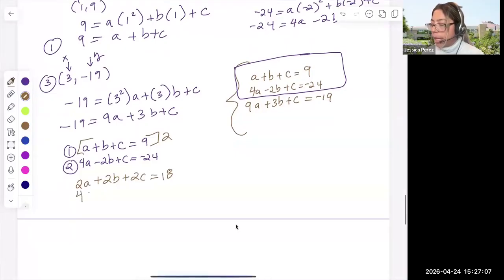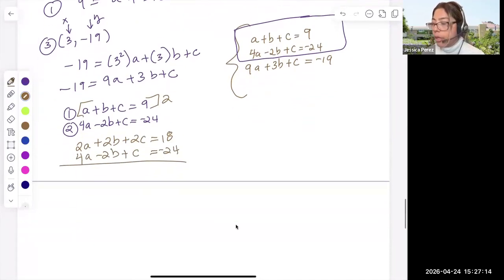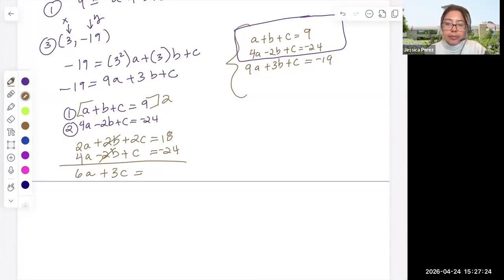And then I have 4a minus 2b plus c equal negative 24. I'm going to use the addition method here, which is 6a, cancel the b, plus 3c is equal to, if I have 24 minus 18, which is going to be a negative 6 here.